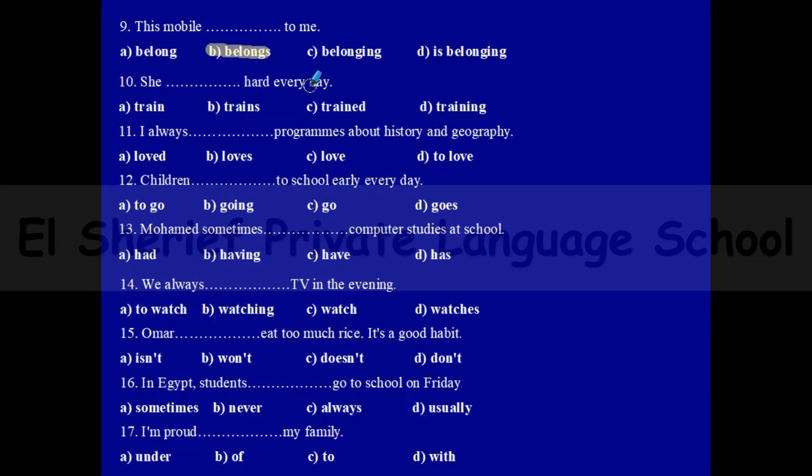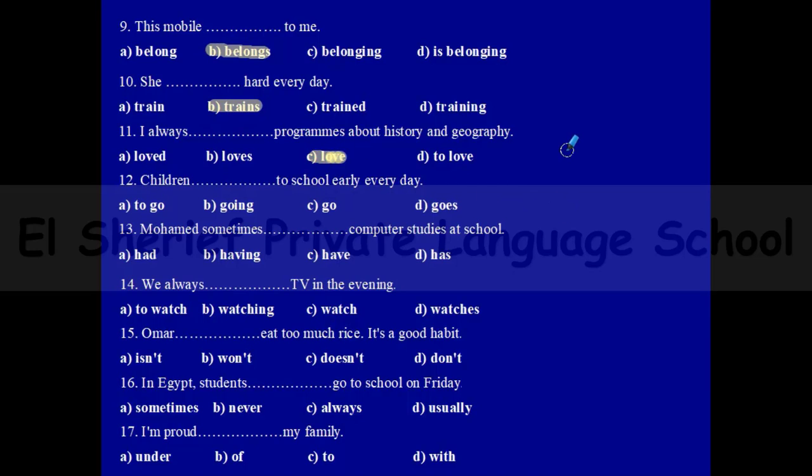Every day, so this is a habit and this is present simple. We can say that she, of course, trains. Yes, great. Number 11, I always space programs about history and geography. I always, yeah, you can say the right answer. I always love. Yes, great.